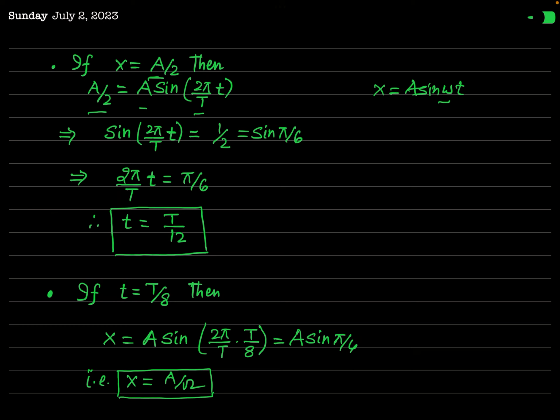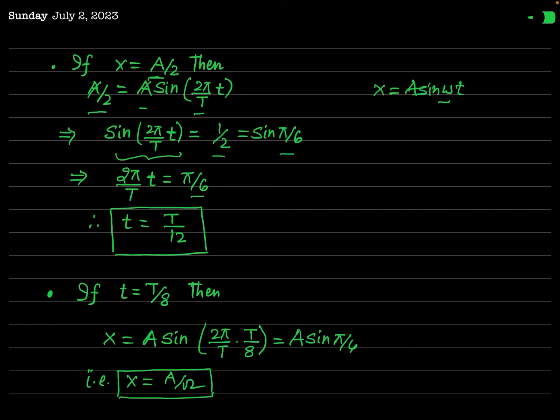Now this a and this a will cancel out, and therefore sin of 2 pi by T times small t will be equal to what? This is equal to 1 over 2. But 1 over 2 is equal to sin pi by 6. And so you can say that 2 pi over capital T times small t is equal to pi by 6.